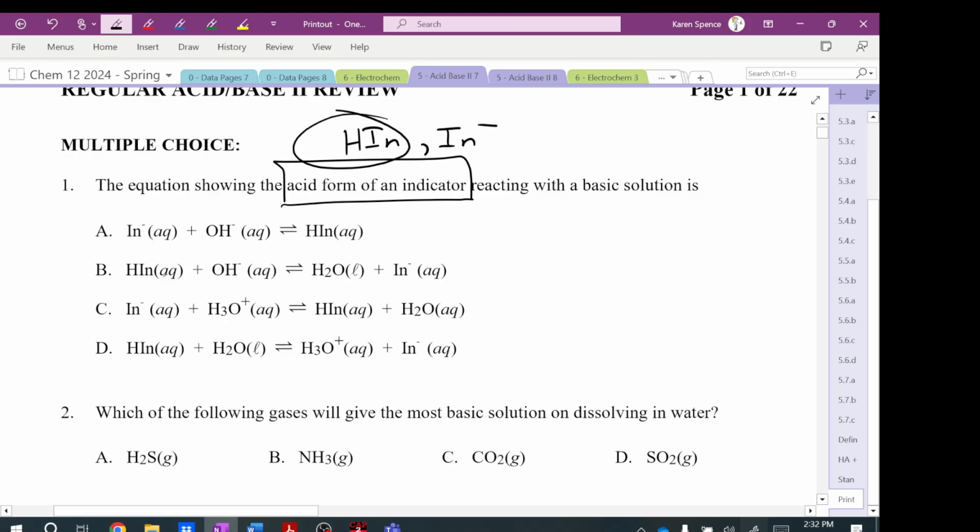HIn. So we want either this one or this one reacting in a basic solution. Base. Done. B. So we have a basic solution, which means we're going to have hydroxide, and we have the acid form of the indicator. And that's it.